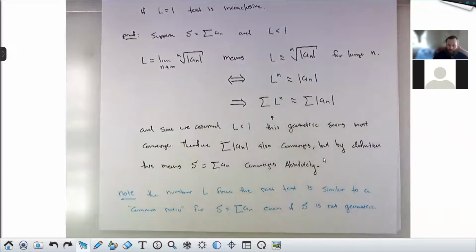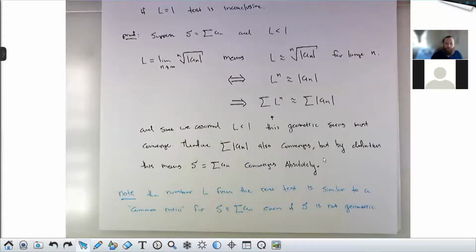So this number L that you calculate as a part of the root test is finding like the closest geometric series to your series. Maybe your series is or is not geometric. If you apply the root test to it, that will tell you like if your series was a geometric series, here's what the common ratio would be.